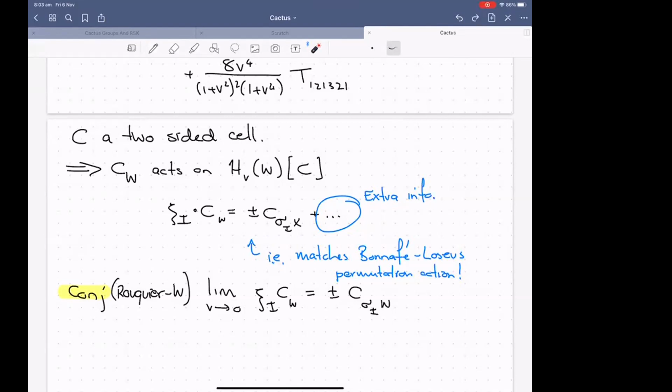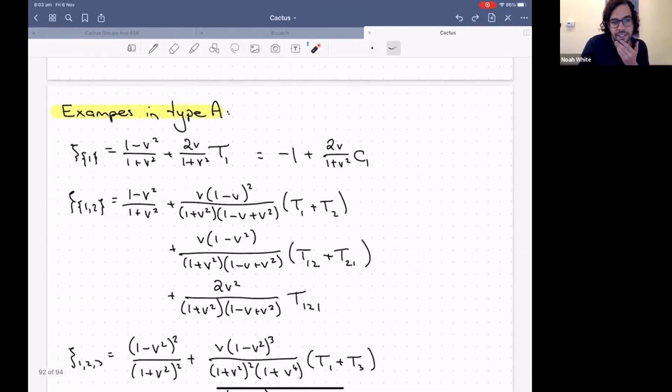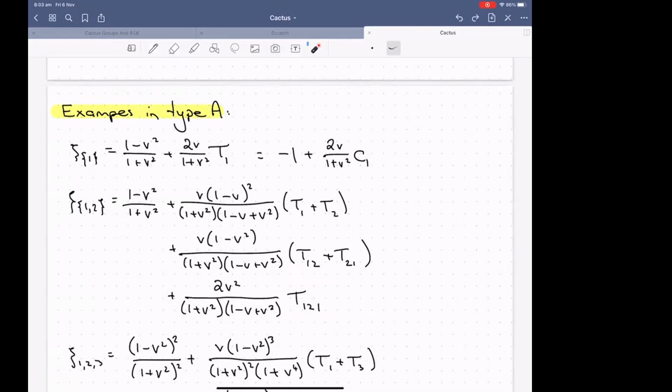You would expect that if you had a good notion of categorical action of the Cactus Group, then you would probably understand where it was coming from. The problem is that you're trying to categorify formulas like this. You understand better than me that that's hard. Yeah, denominators are hard.